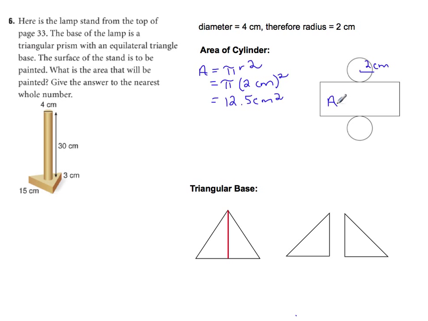Again, we discussed in class that the area of this rectangle is the circumference around the circle, which is 2 pi r, times the height of the rectangle, which is h. So I have 2 times pi times my radius, which is 2 centimeters, times my height of the cylinder, which is 30 centimeters.